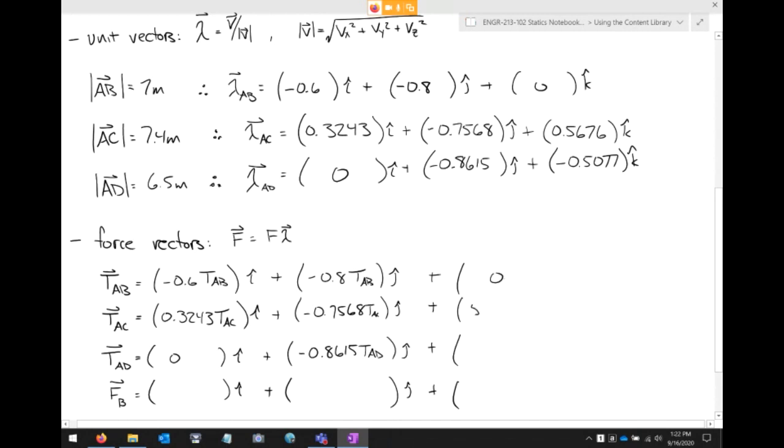That's 0.5676 TAC, negative 0.5077 TAD. And then we've got our K.